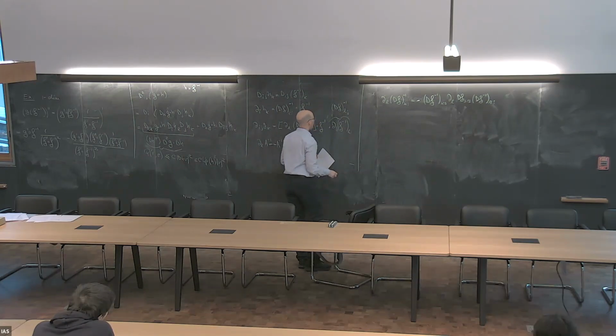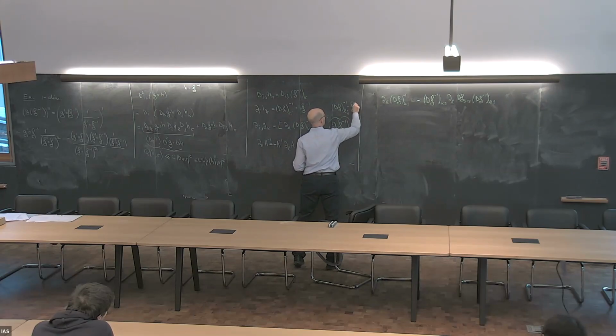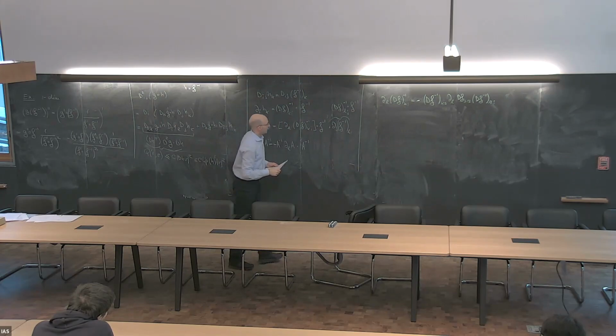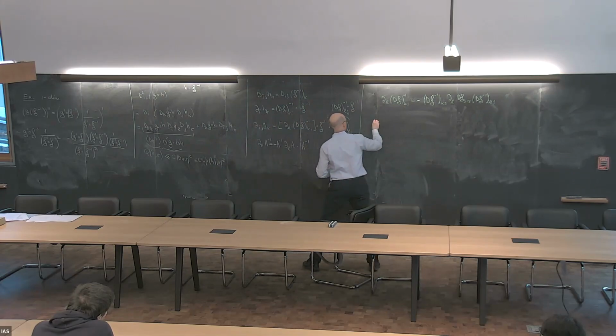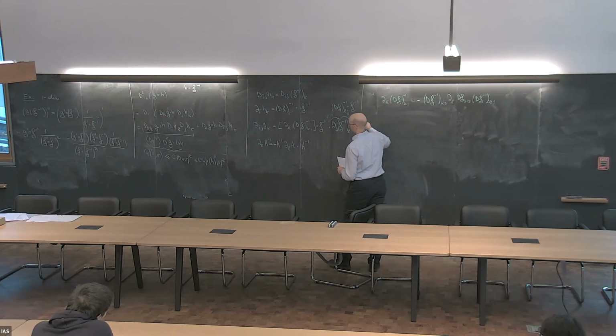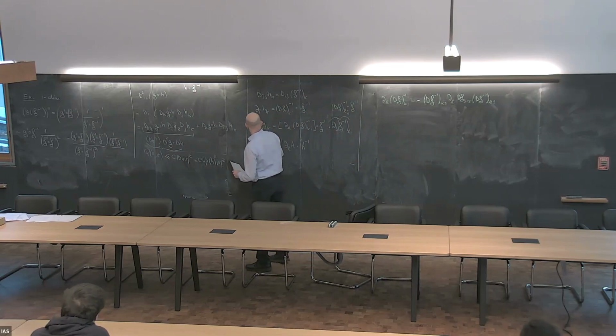So Lj composed with F to the -1. Okay. Okay, so now let me go back to why did I call this GK?